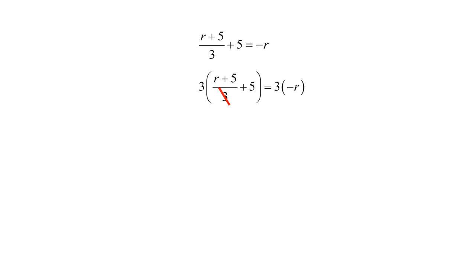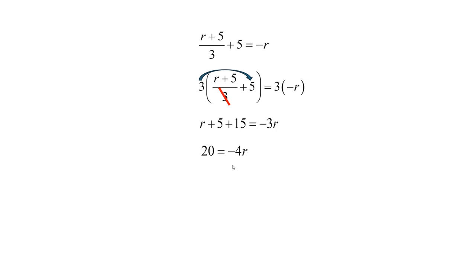So our next line in the equation will look like this. We maintain our r + 5, but we have the 15 because of this 3 times 5 section. And then 3 times negative r gives us negative 3r.